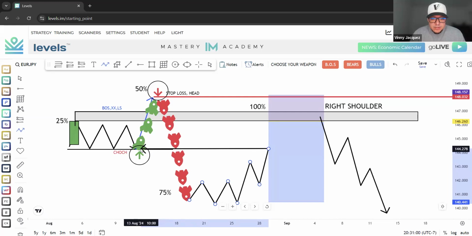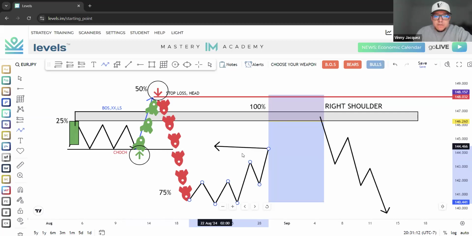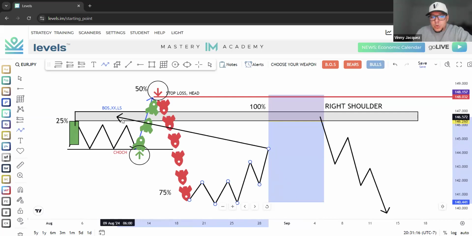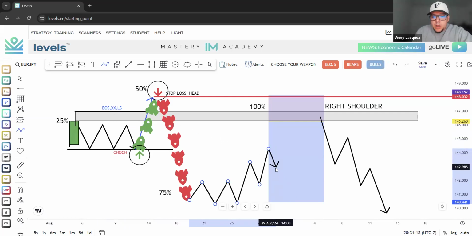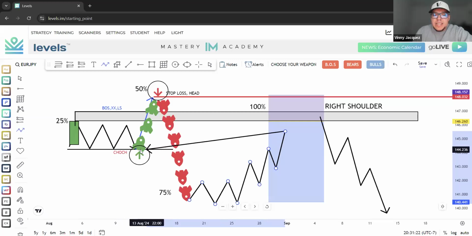Does that make sense? Awesome. So once they're right here, this is already break even. This is good enough right here to start shifting the market back down, right? But we want that right shoulder. So once the market goes even higher than this, now this buy is in profit.